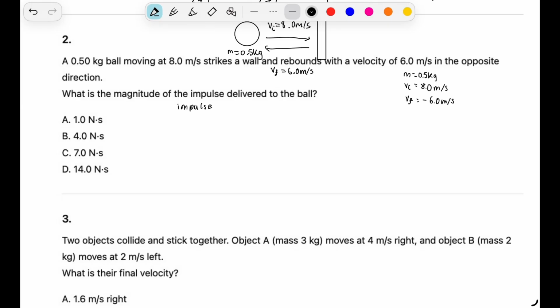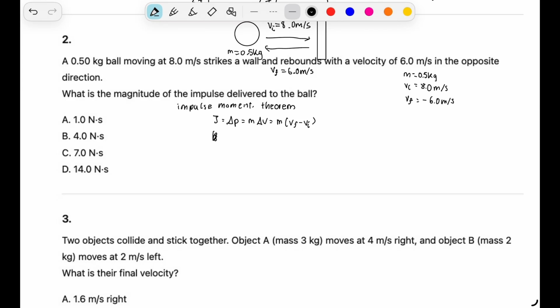You can use the impulse momentum theorem. Impulse is equal to the change in momentum. Momentum is equal to m times v, but we want change in v here.